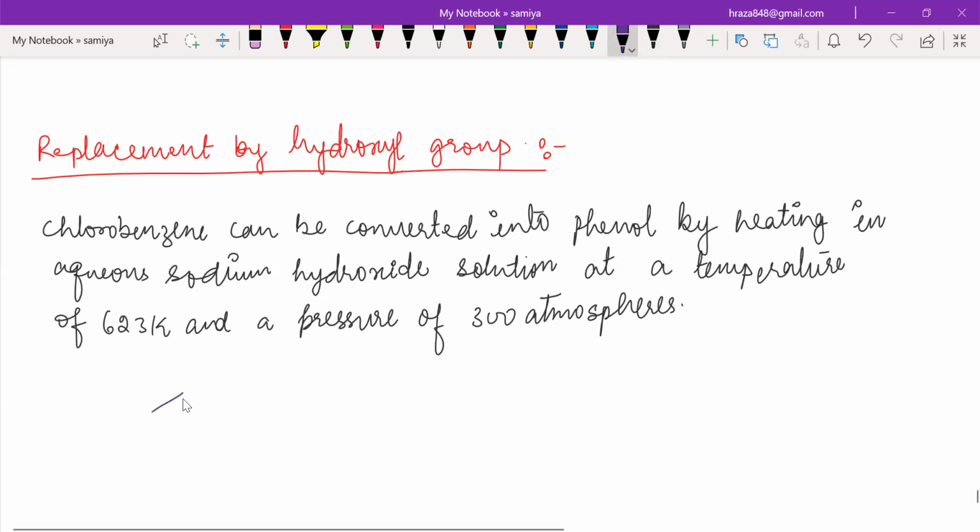So basically, the conditions you can see are very high, very high temperature and very high pressure.